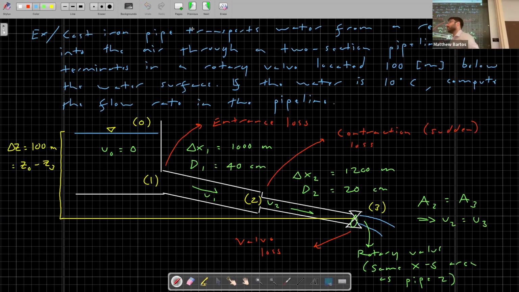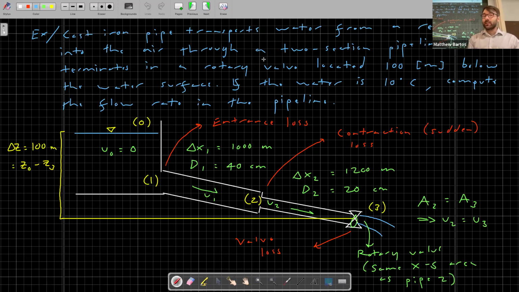This is kind of a synthesis problem that combines together all the things in the course that we've looked at so far, including the energy equation, the Darcy-Weisbach formulation for frictional losses, the Swamee-Jain approximation for the friction factor, and minor losses altogether. So this is a good example of a problem you might expect for the first exam.